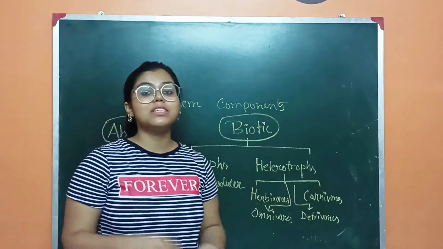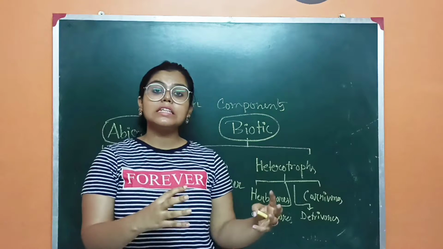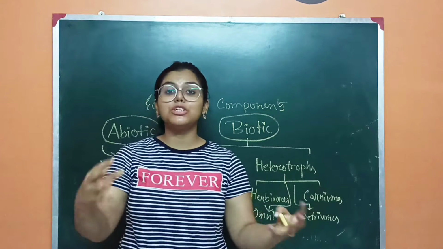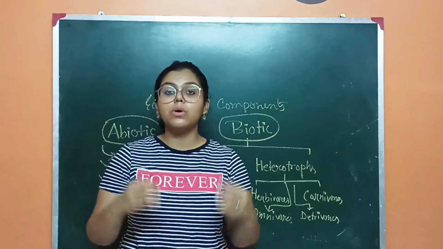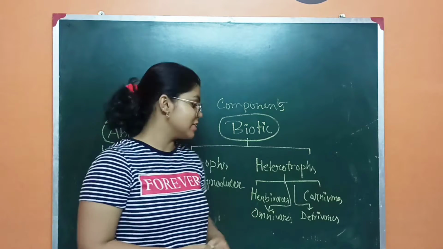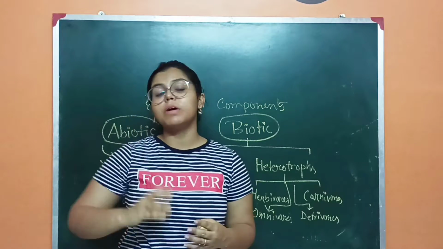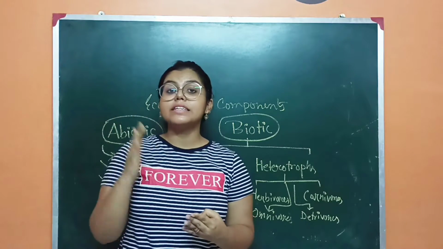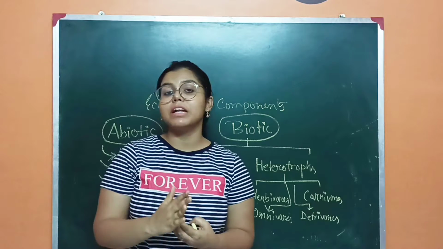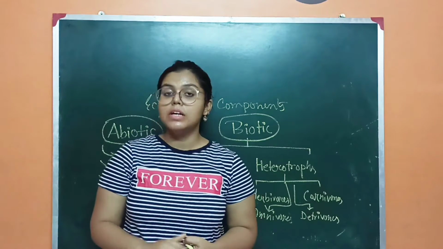Next is carnivores, like tiger. They are carnivorous. They can eat bison, goat, cow, etc. So they are animal feeders. The next is detritivores. The detritivores are those that can decompose the organic material from the dead bodies of living organisms.